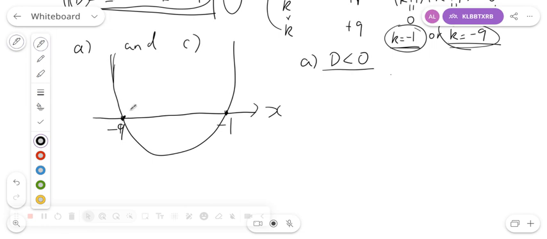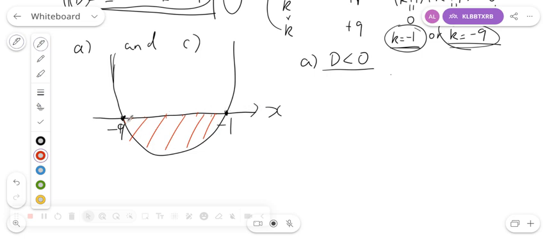It means as long as my range is below the x-axis, any numbers in between here will give me a D value smaller than 0, because the graph is below y equals 0, or D equals 0.